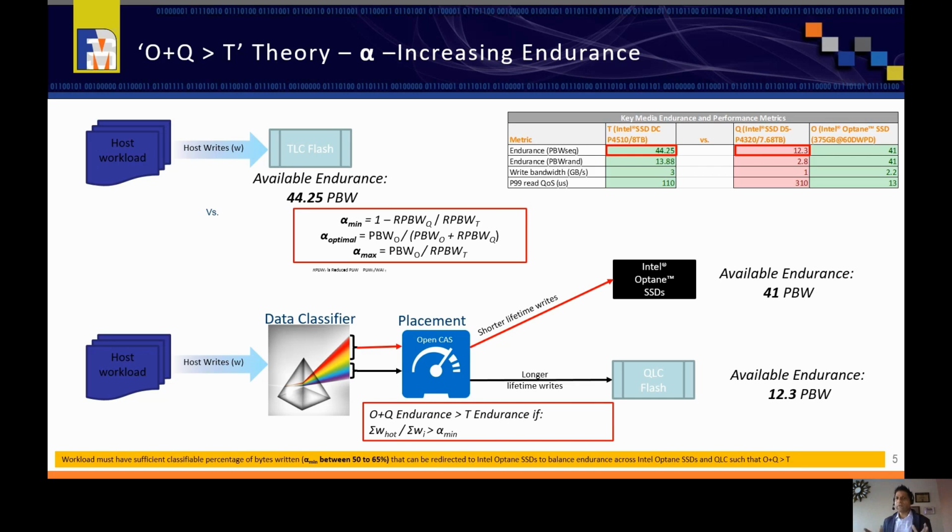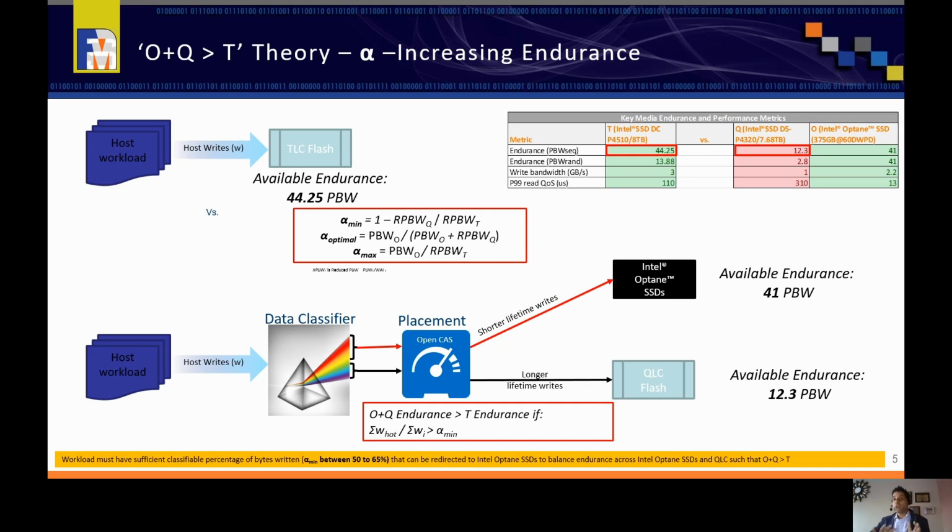So intuitively, we will continue to turn this dial and increase alpha, which is the percentage of writes that go to Optane, from 0 to a minimum acceptable level called alpha min, where the percent life consumed by workload on QLC is equal to the percent life consumed on TLC. As we further turn the dial and increase alpha, we will reach an optimal point, alpha optimal, where we wear level across Optane and QLC equally. In this case, endurance of O plus Q system will be additive.